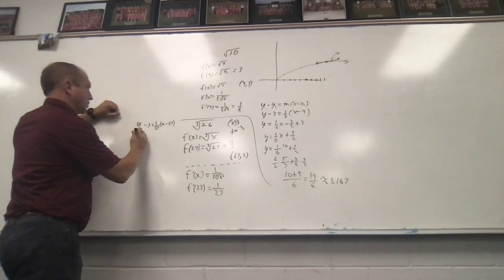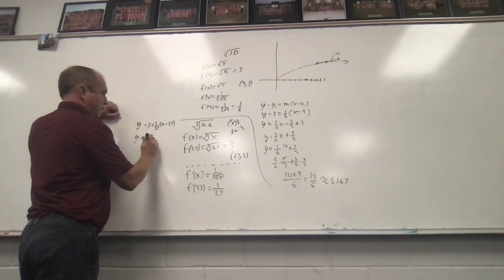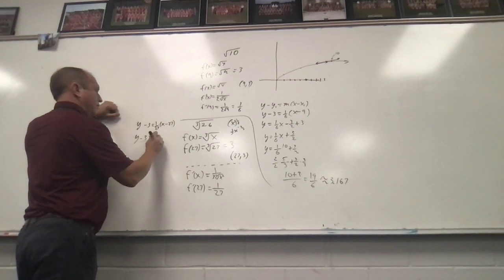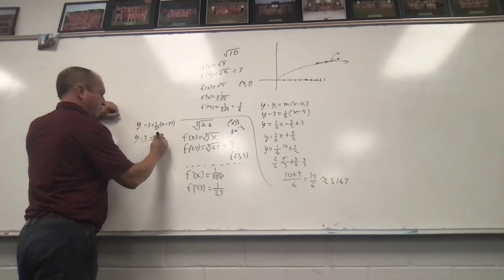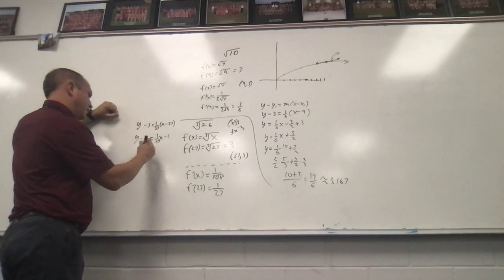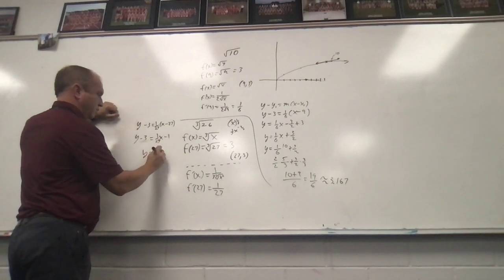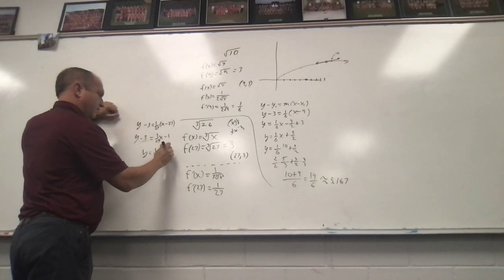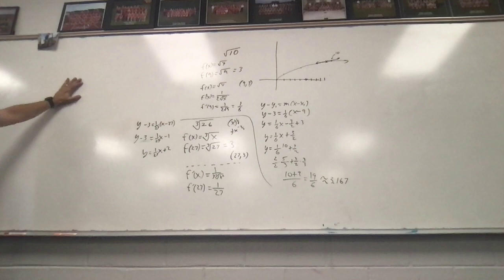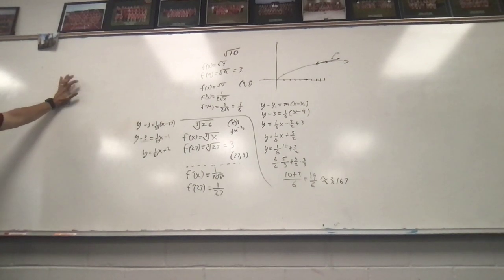So this is y minus 3 equals 1/27 x minus 1. So add 3. So y equals 1/27 of x plus 2. Are we still good here?